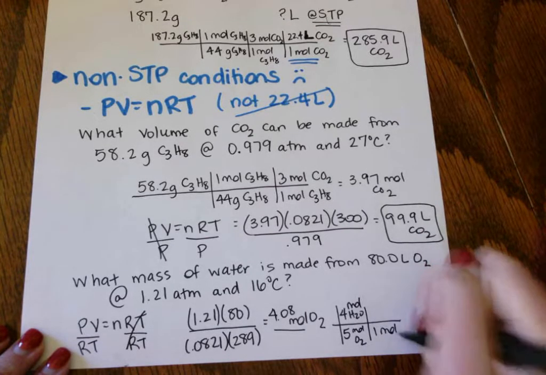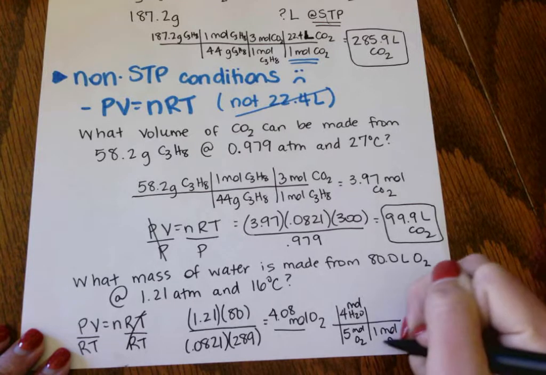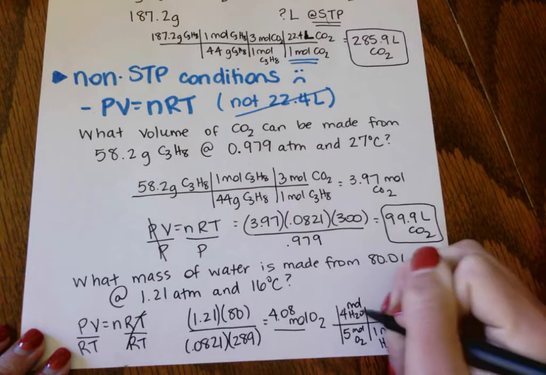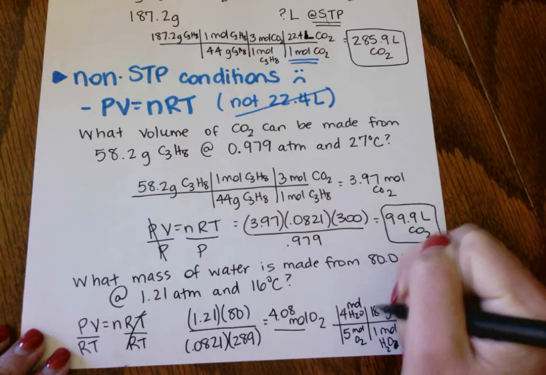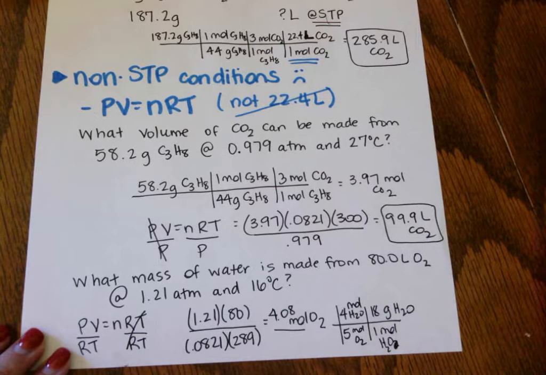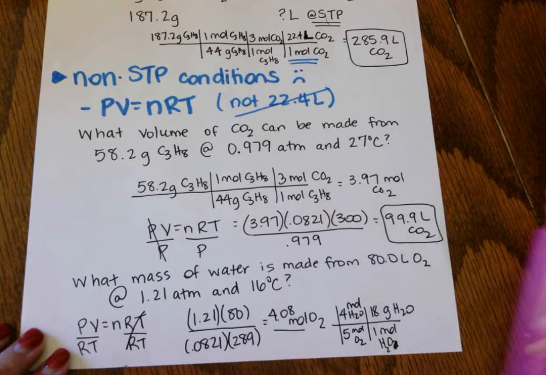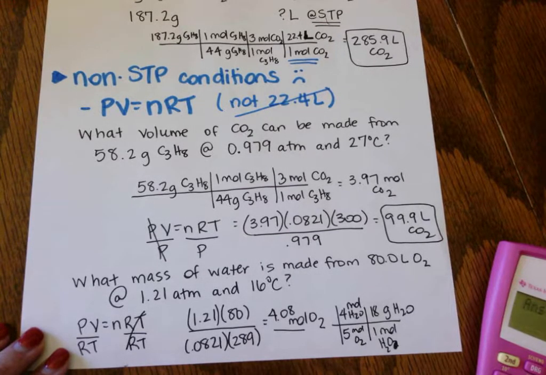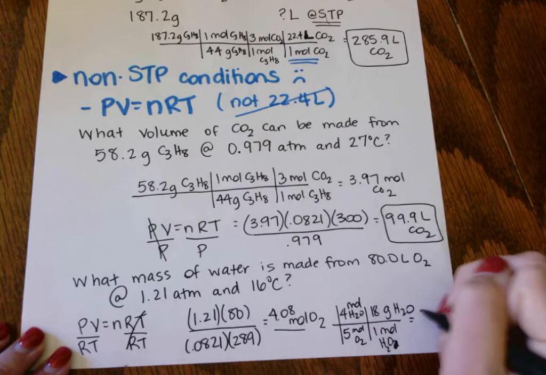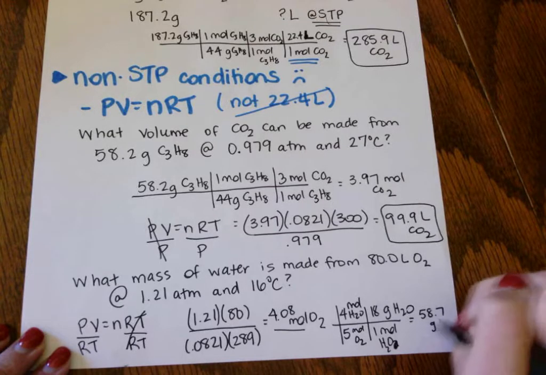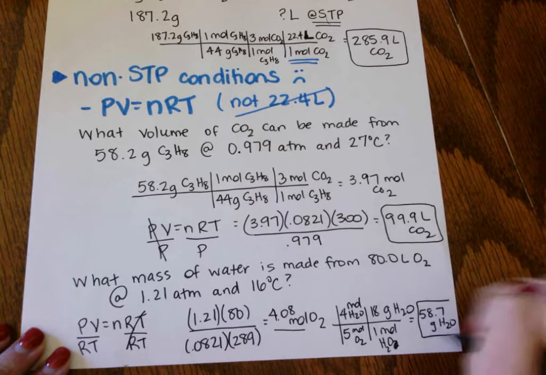And then 1 mole of water cancels, and I want mass of water, and water weighs 18 grams per mole. Okay, so my 4.08 times 4 divided by 5 times 18 is 58.7 grams of water.